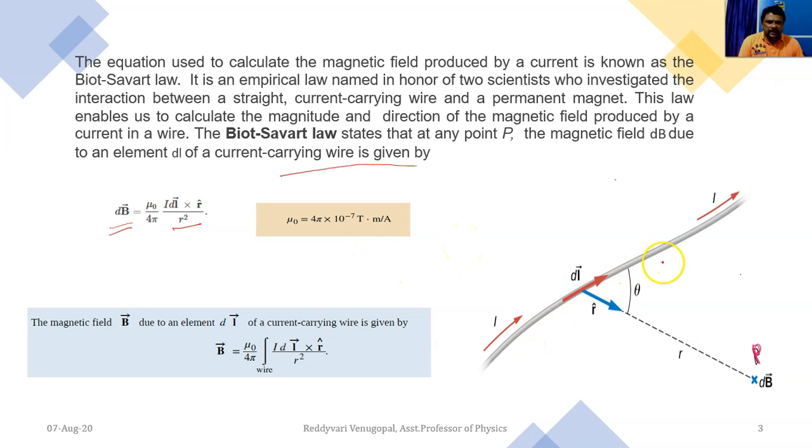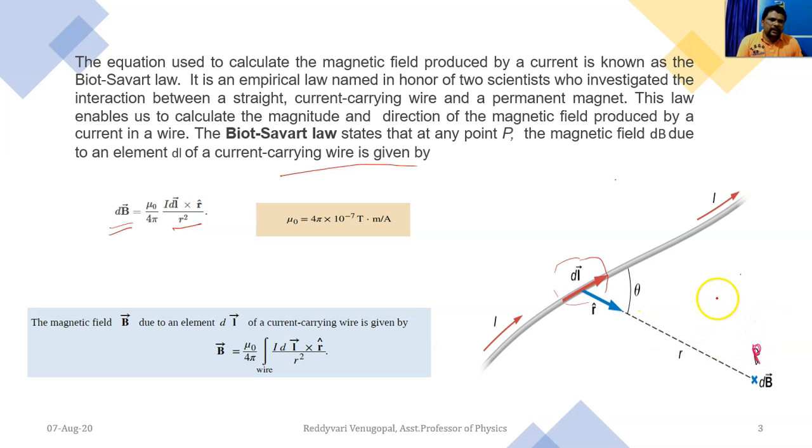This is the current carrying conductor, and the current flowing through that wire is I. Now we want to find the magnetic field induction dB at point P due to this small current carrying element dl.